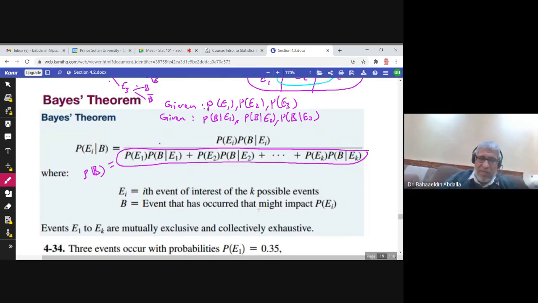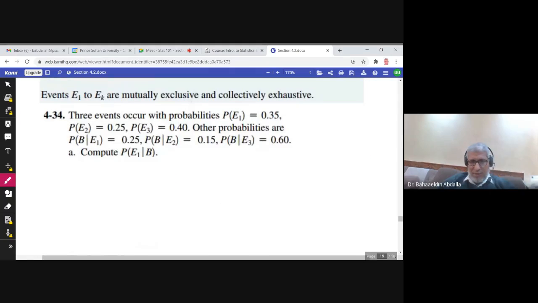Let us take an example. Here I have probability of E1, which is 0.35. Probability of E2 is 0.25. And probability of E3 is 0.4.